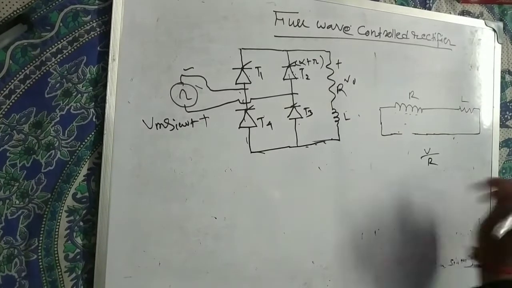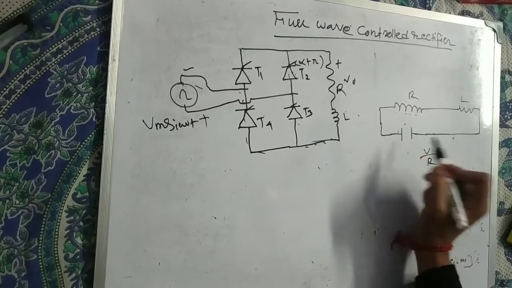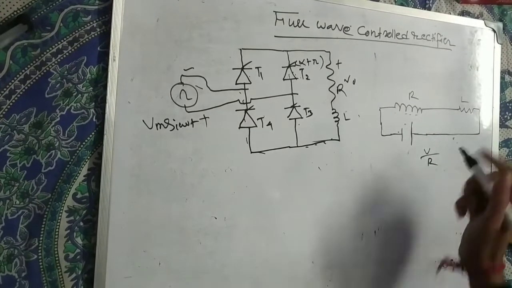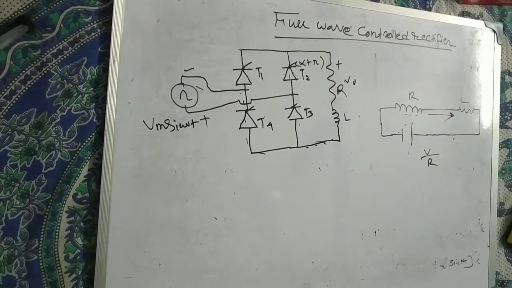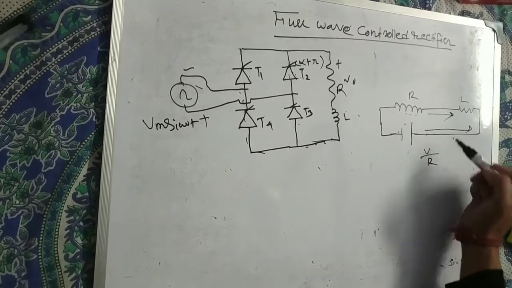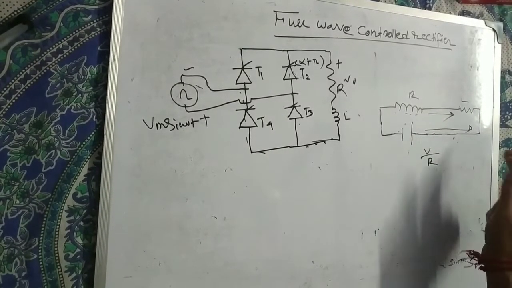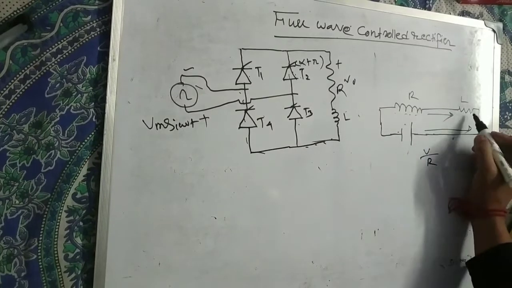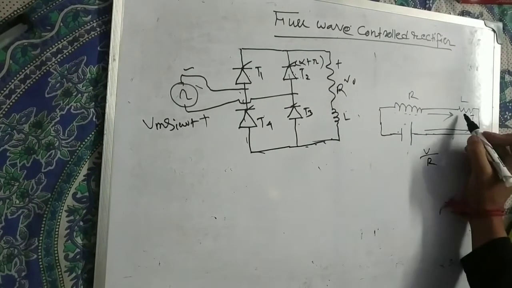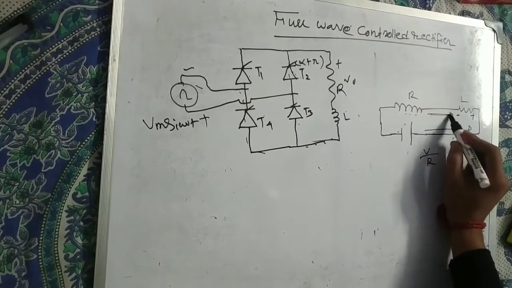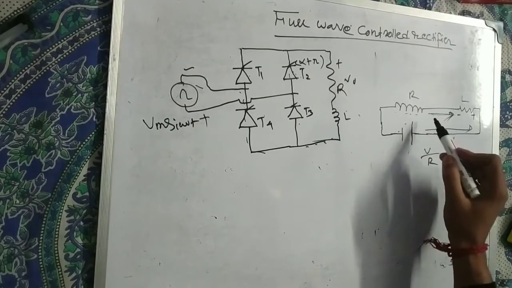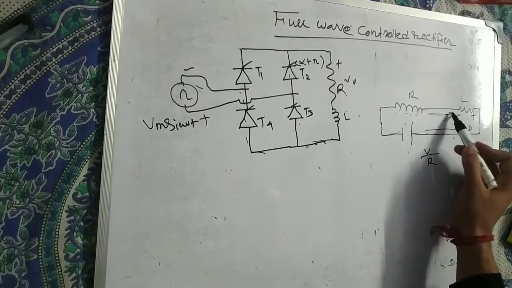Now suppose you change the polarity. You have a special connection where you can change the voltage polarity. At first the current flows in this direction. Now the voltage polarity is changed, so current should flow the other way, but it will not happen suddenly because of the inductor. What will happen? The inductor will change its voltage polarity to maintain the current direction. As I said, the inductor will always oppose the sudden change of current.